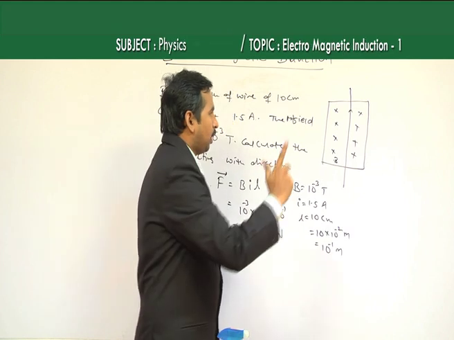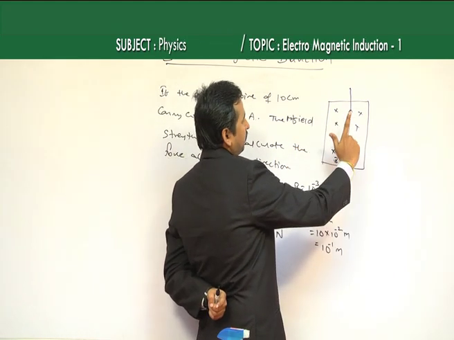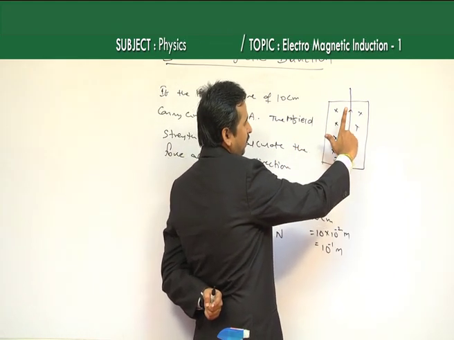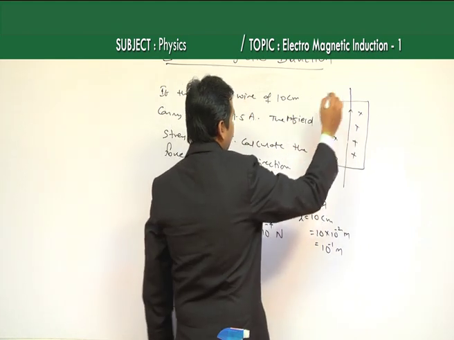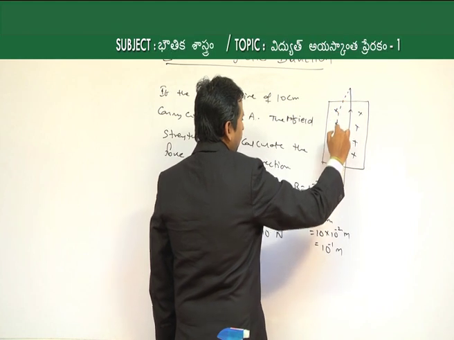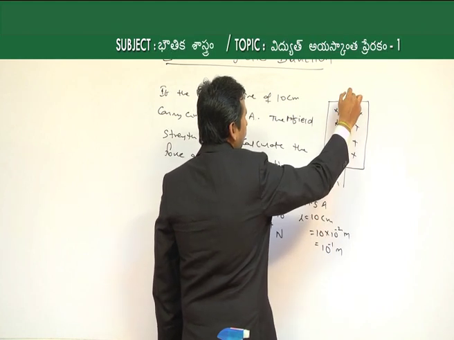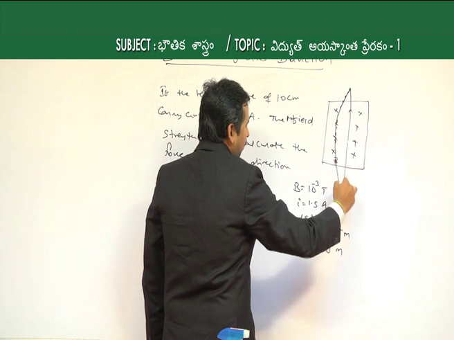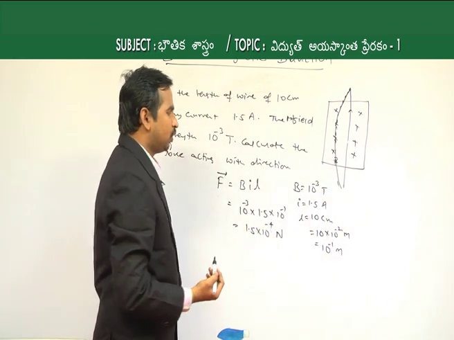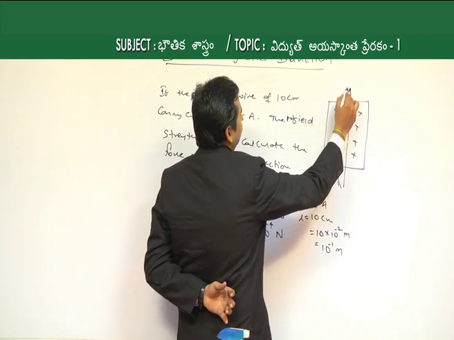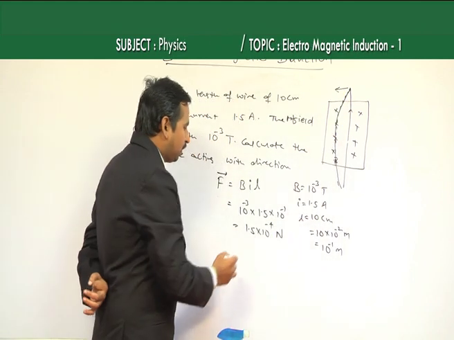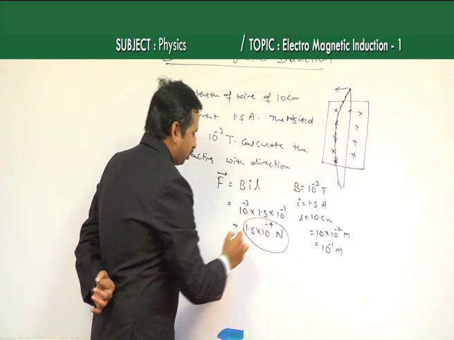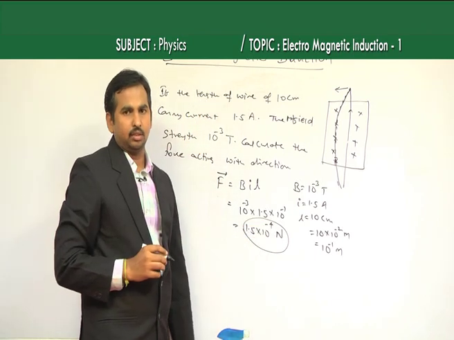So if you apply the right hand rule here, the current carrying wire is upwards and the thumb is acting towards the left side of mine, in this direction. Now the current carrying wire bends, and the direction of the force is acting like this, of which the magnitude is 1.5 into 10 power minus 4 newtons, acting here like this.